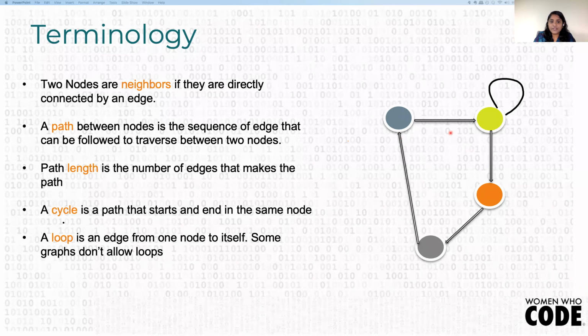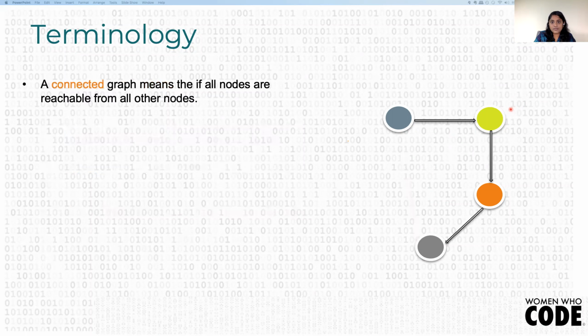A loop is when an edge points towards the same node. If the source and destination are the same, it's called a loop. Few graphs allow these loops, and actually, many of them don't.